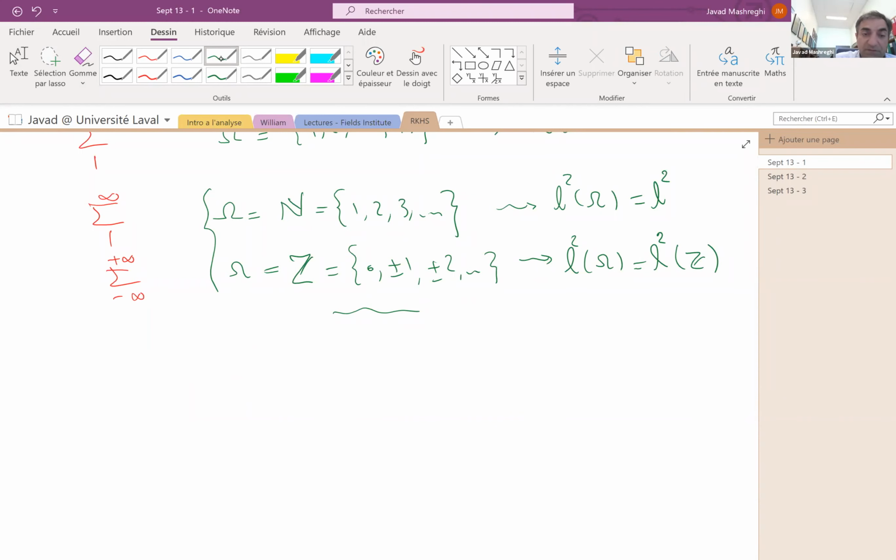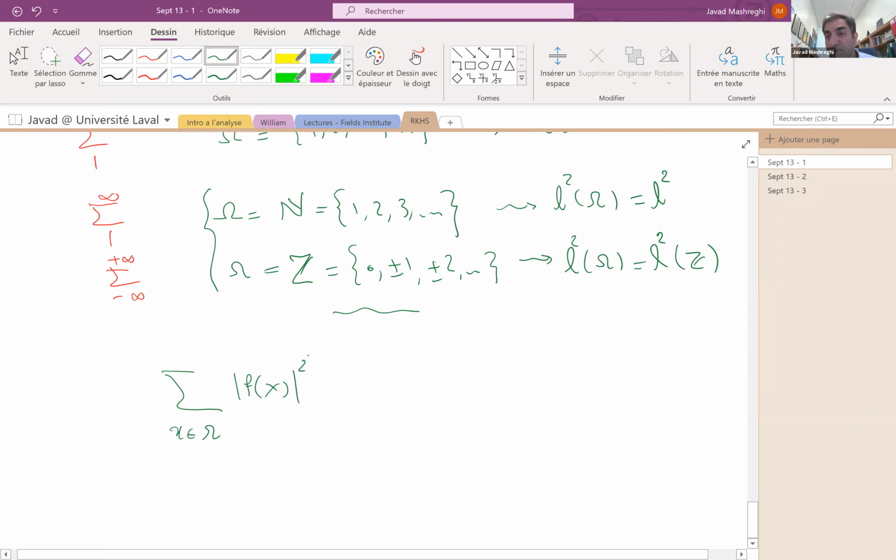Here is a definition. The sum over x in Omega of something positive, and something positive here is the absolute value of f of x, modulus squared, is defined this way.